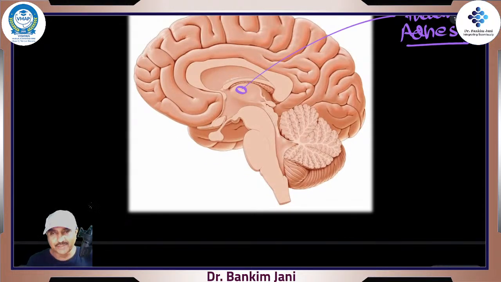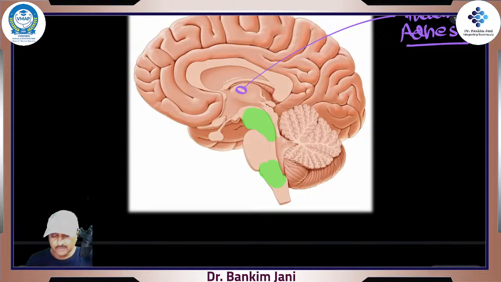Coming to the brainstem, this is midbrain, this is pons, and this is medulla oblongata. You know this part, so I'm removing it and just writing the cranial nuclei numbers.